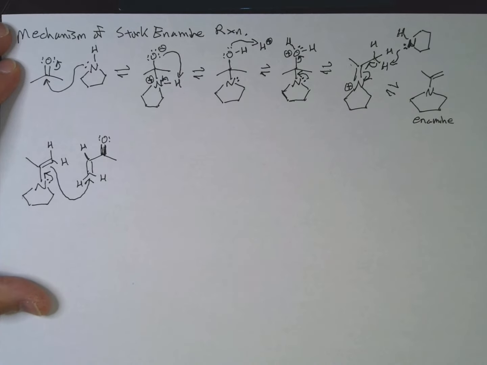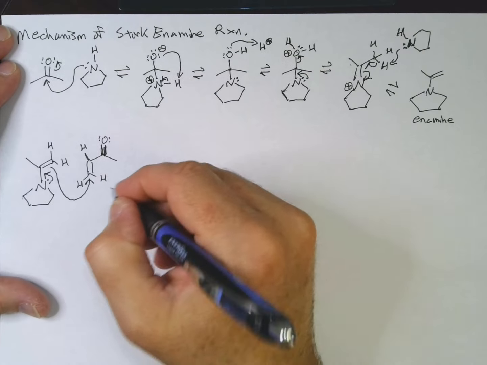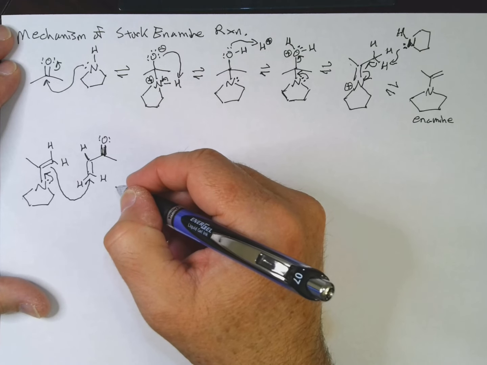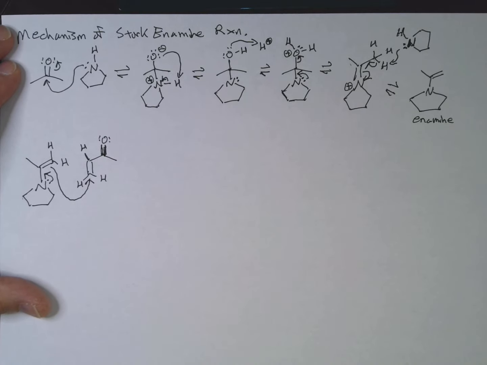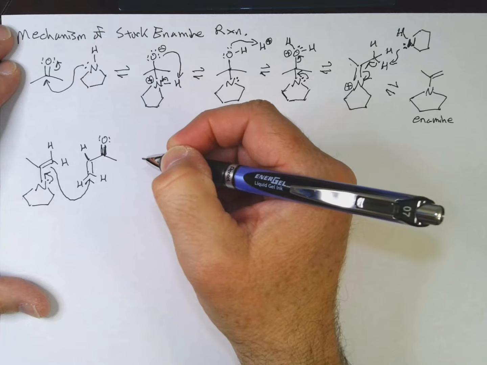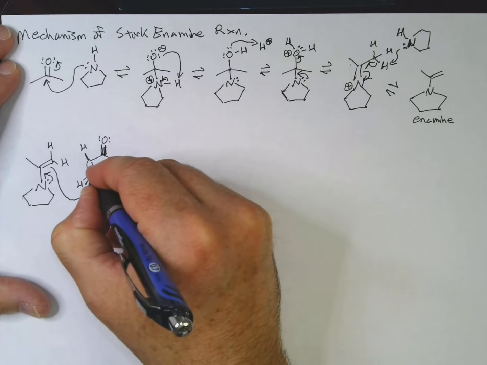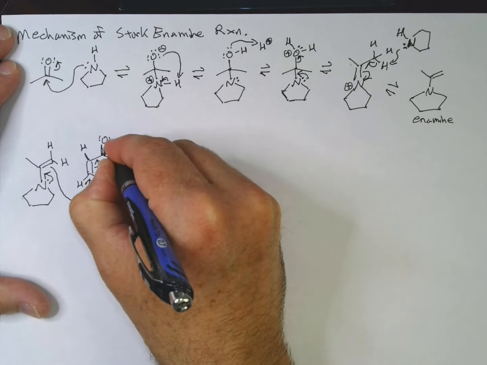Let's see here. I'm trying to think of the best way to do this. I don't want to form the enolate yet. Well, we can go ahead and do it. So, it'll be something like this.